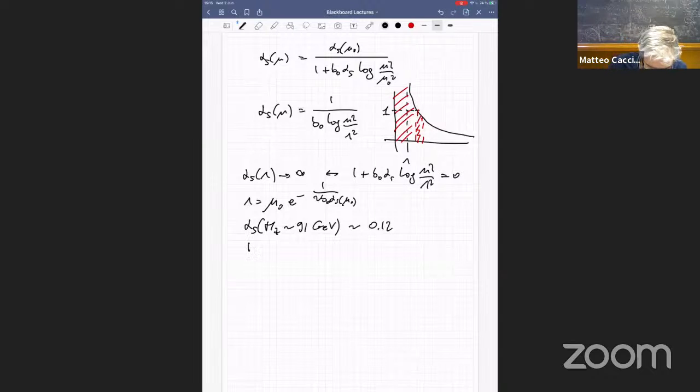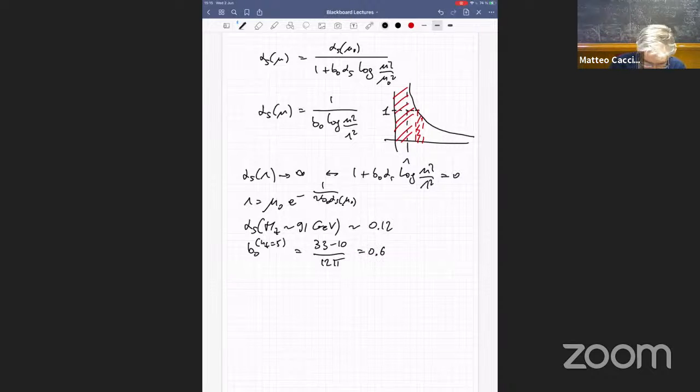Now, the value of B0 with NF equal to 5, and I say NF equal to 5 because up to the Z boson mass, I encounter 5 flavors of quarks up to the bottom. The top is heavier, but I have at least 5. So if I take the result that I have calculated earlier, this is the value, and this is 0.6.